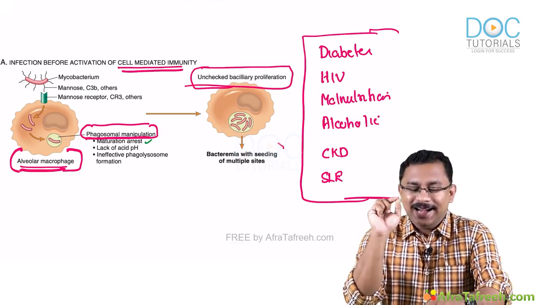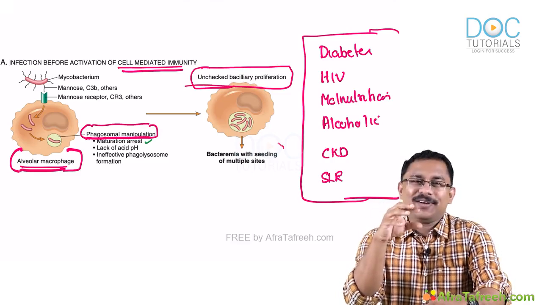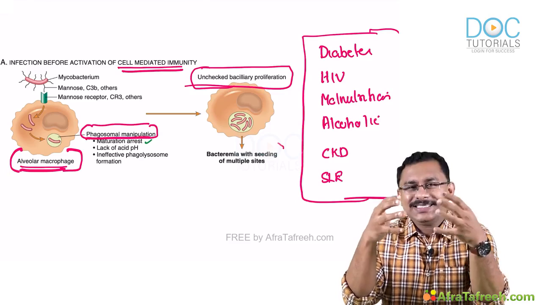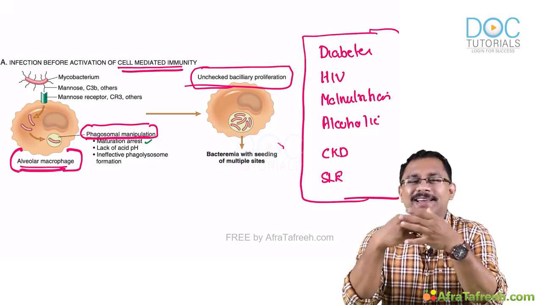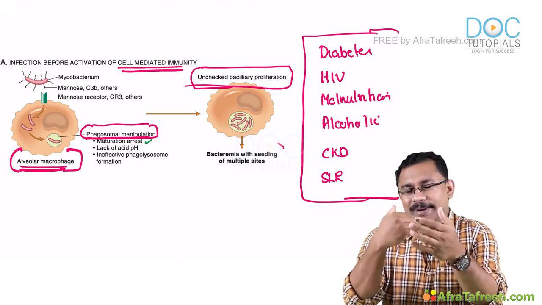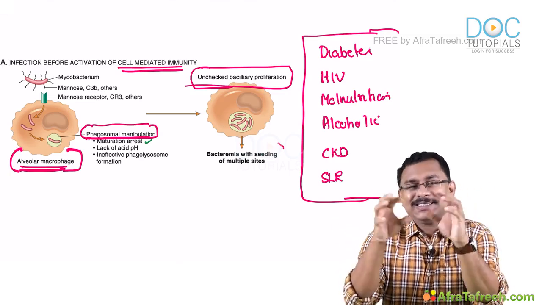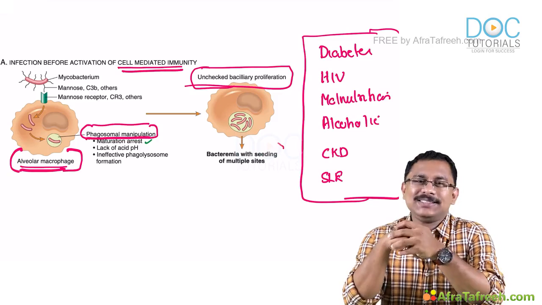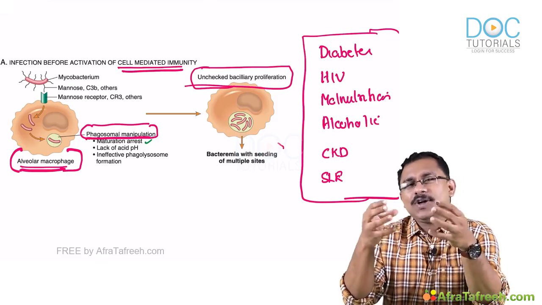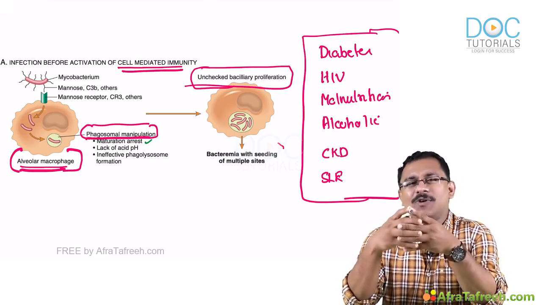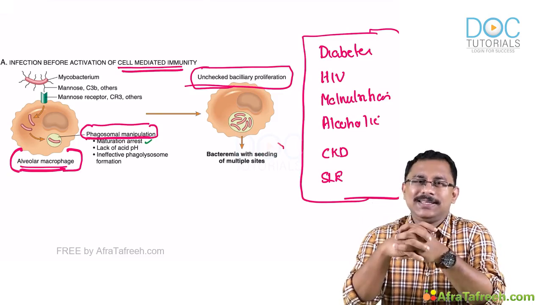See the irony here: the macrophage is the major cell that is your line of defense against the bacteria. Here the bacteria is proliferating inside the macrophages, just because it is not able to form the phagolysosome and kill the tubercle bacillus.